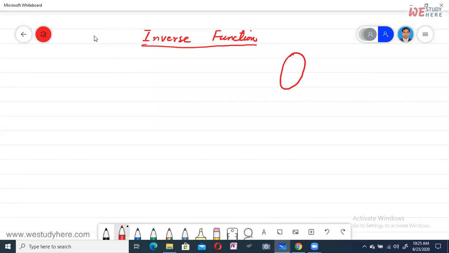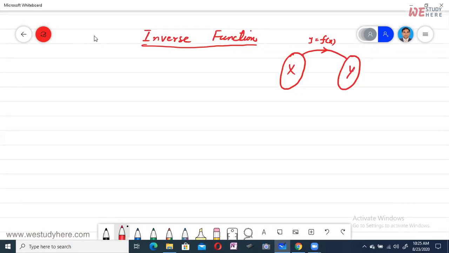In function, we were taking one set x and the other set we can take y. When we were defining function from x to y, that means this is function, we can write f of x, y is equal to f of x.